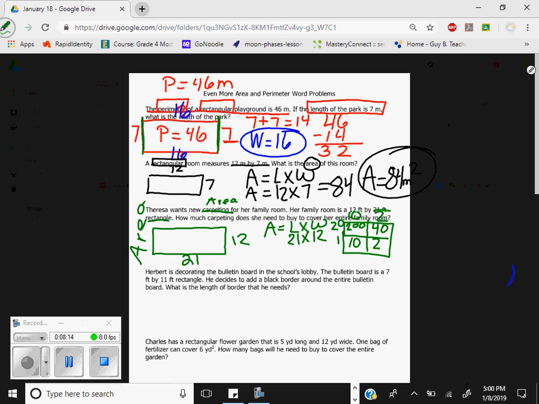Then you're just going to add those numbers up. And when I add those numbers up, I get 252. So the area is 252 feet squared. I'm going to circle that so my teacher can see that.